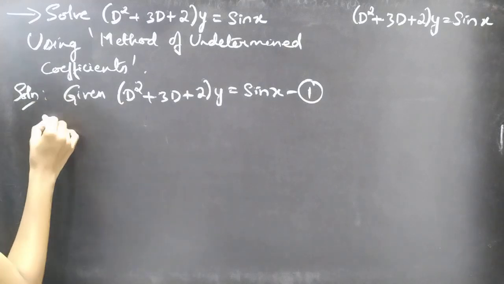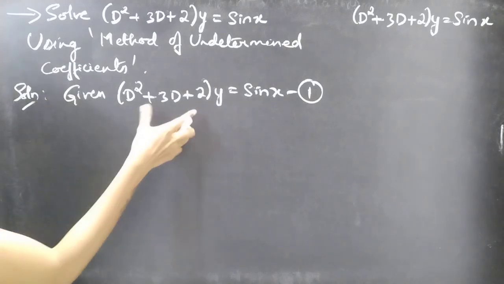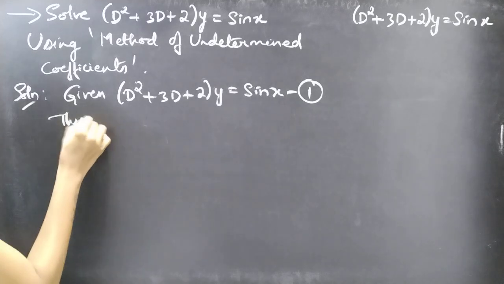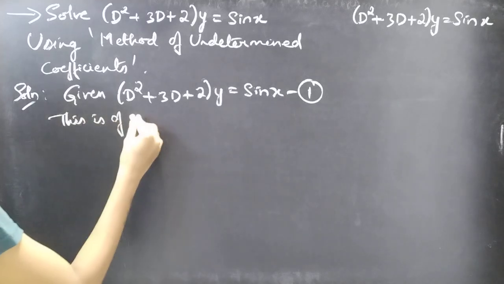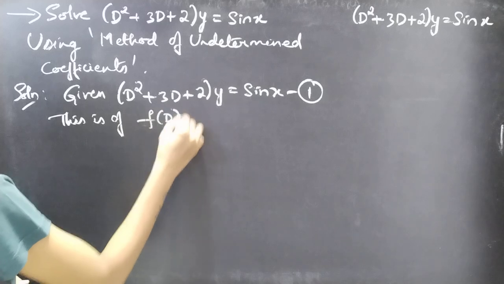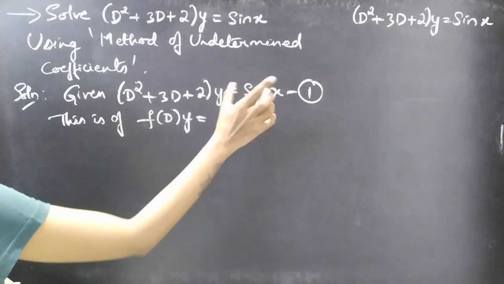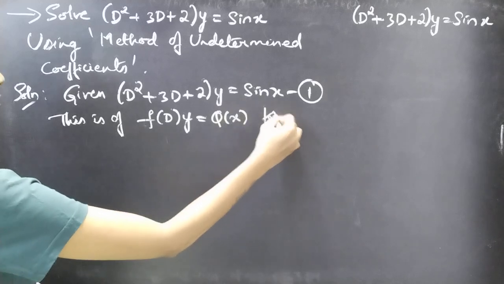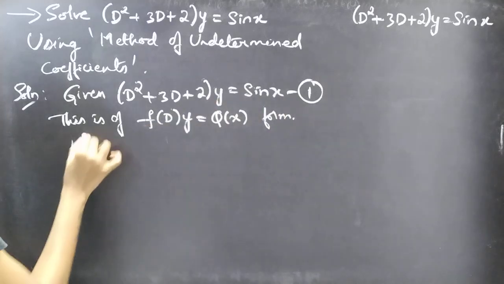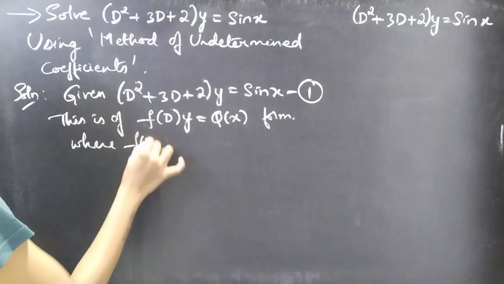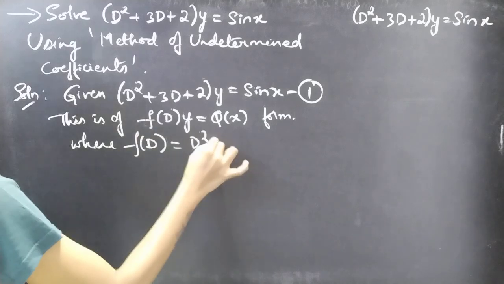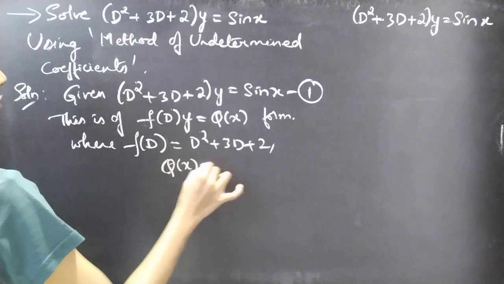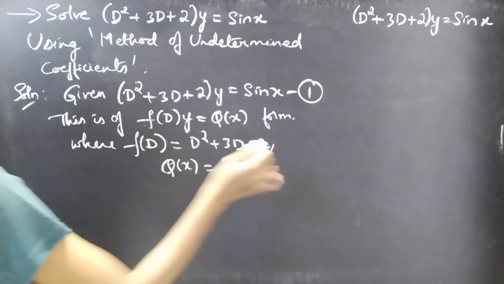The given differential equation is in operator form, f(D)y = Q(x), where f(D) = D² + 3D + 2 and Q(x) = sin x.